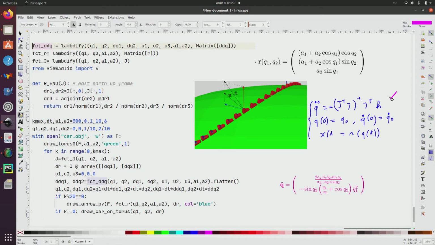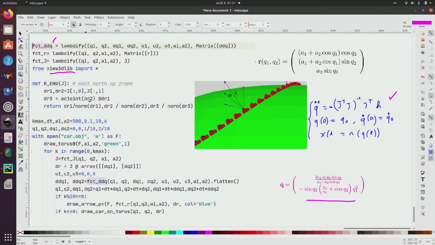If I want to integrate this state equation inside the numerical program in Python, I need to lambdify the functions I have created using symbolic calculus, and to create this function for R, for J, and for the second derivative of Q, so this one. Okay, for this I will use this library for representing in 3D, such as here.